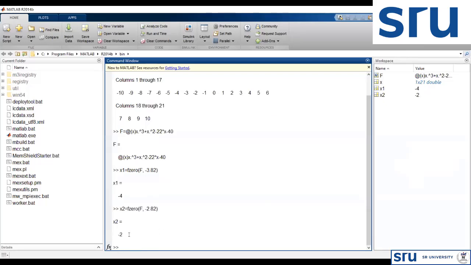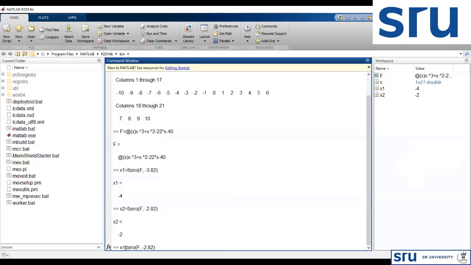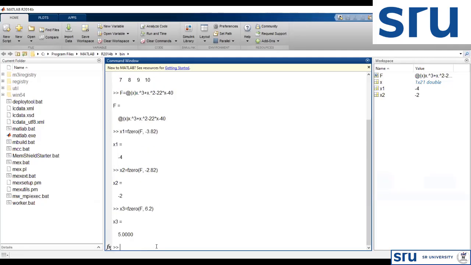So now you get the second root. Similarly for the third root, you just change the values to x3, and you have to take the near about 5 value, right? You can take 6 also, or 6.2. You can verify it.